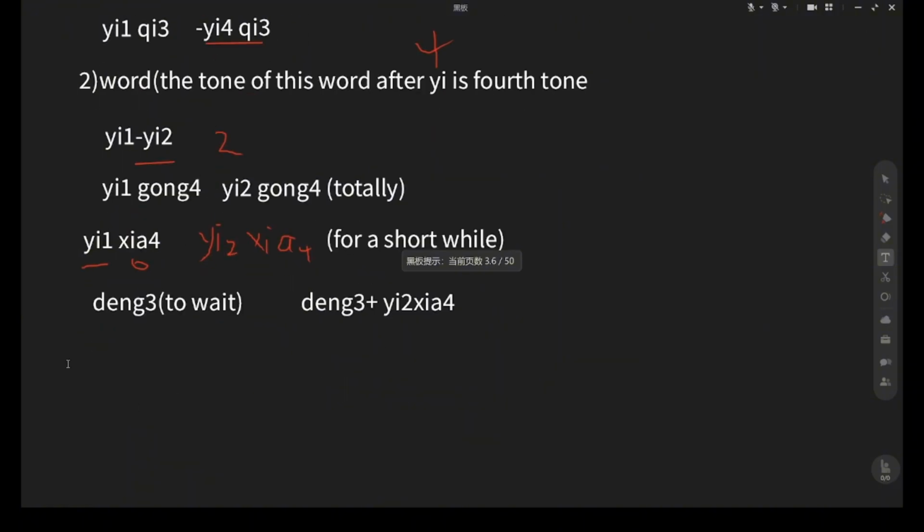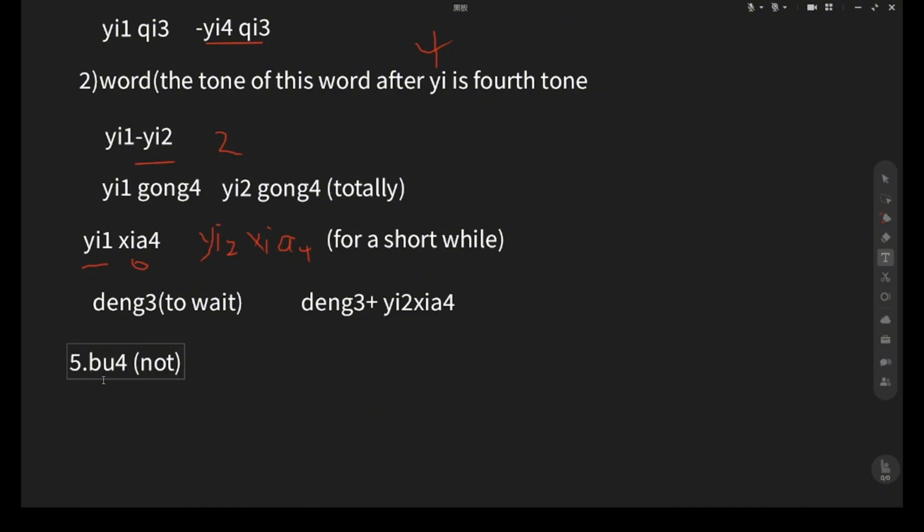So let's continue. The number 5 rule. Do you remember this word? 不. Remember? Which means? Yes, now it's an adverb. Do you remember?